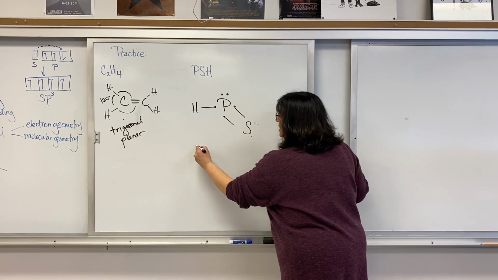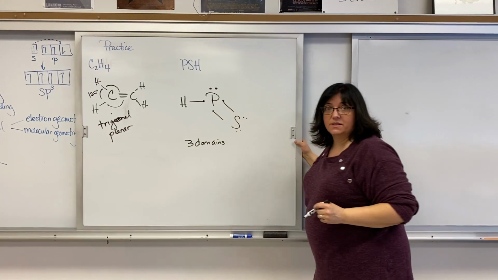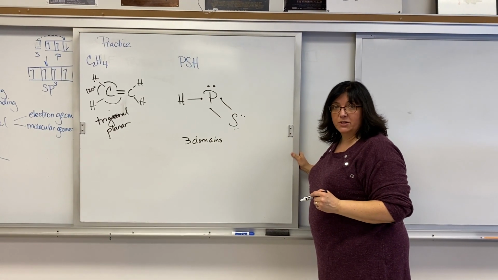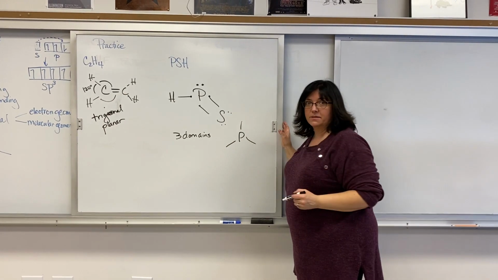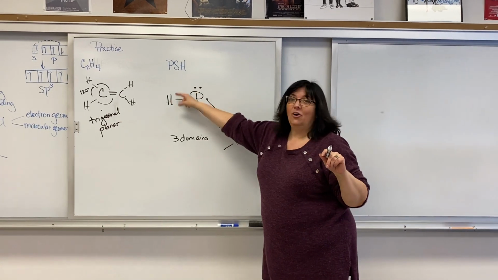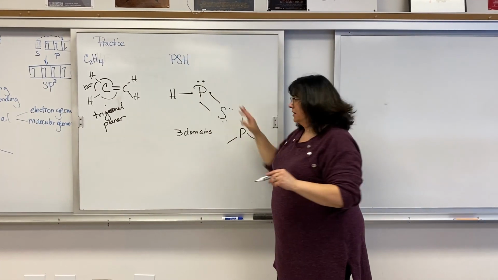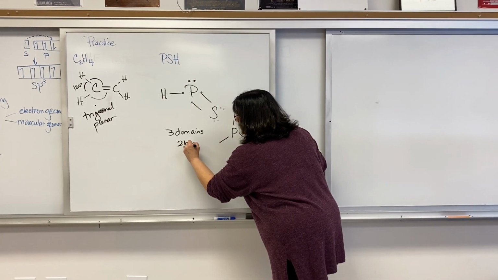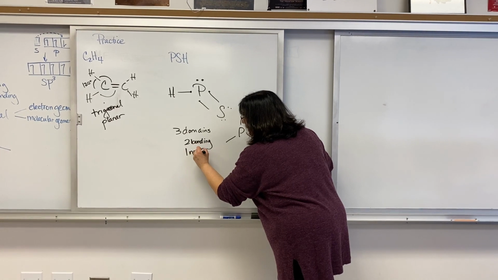So I have 3 domains. So what's the electron geometry? 3 domains, 120 degrees, right? But what's different here? Not all of these domains are bonding. This is a non-bonding domain. So I have 2 bonding, 1 non-bonding.